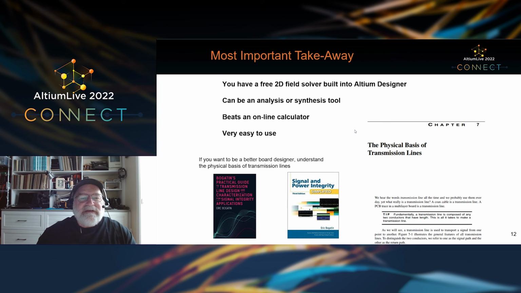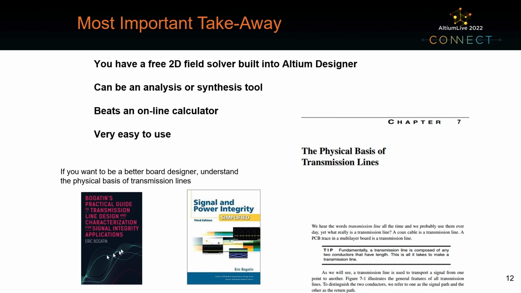Now, finally, I just want to leave you with the idea that if you would like to understand better about transmission lines, and in particular what this idea of characteristic impedance means, I recommend these two sources. One of the books I did with Artec is all about transmission line properties, understanding transmission lines, and in particular about designing the Stackup and using TDR to analyze the transmission lines.